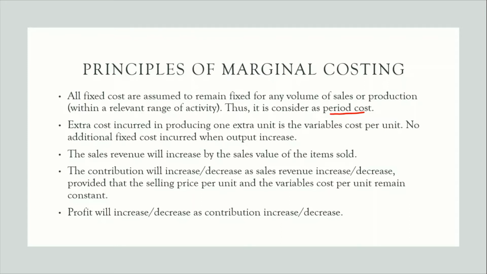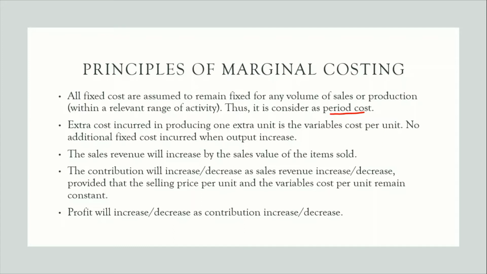So any extra cost that incurred during the production, it is also categorized as variable cost per unit. So no additional fixed cost is incurred during output increase, because they assume the fixed cost is constant. So any changes in the production unit is also recognized as variable cost only.